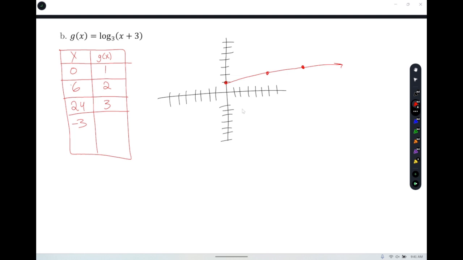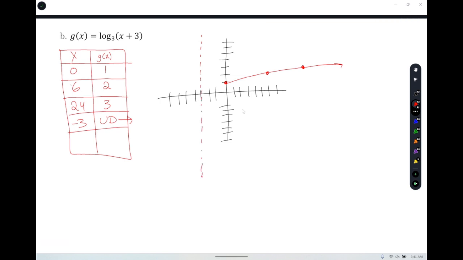What's the log of 0? Undefined. That's got a name. That is our asymptote, and now this graph makes a lot more sense.